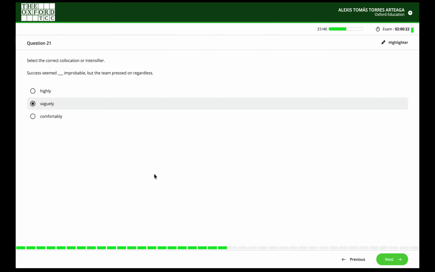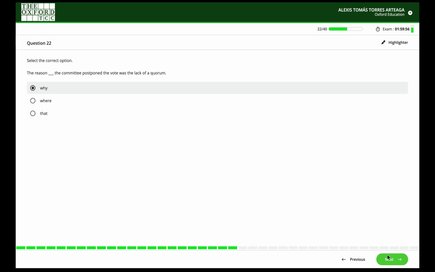Vaguely. The reason why the committee postponed the vote was a lack of quorum. It was on the very last page that the critical error appeared.